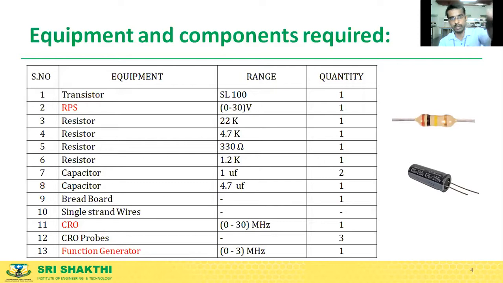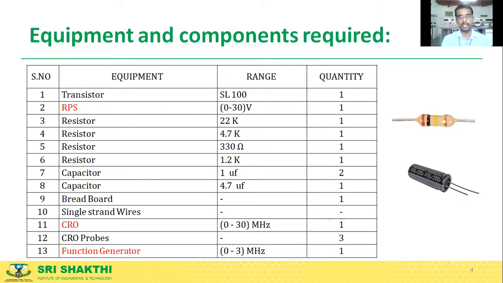We require many resistors of varying values: 22 kilo ohms one number, 4.7 kilo ohms one number, 330 ohms one number, 1.2 kilo ohms one number. Other than that, we need a capacitor, 4.7 microfarad one number, and a breadboard and wires and so on, right?